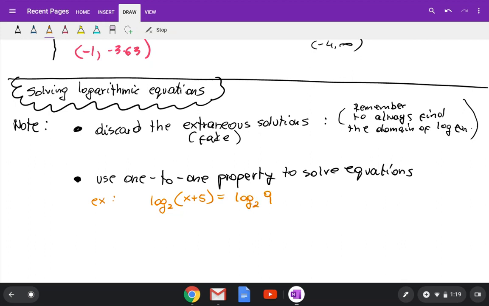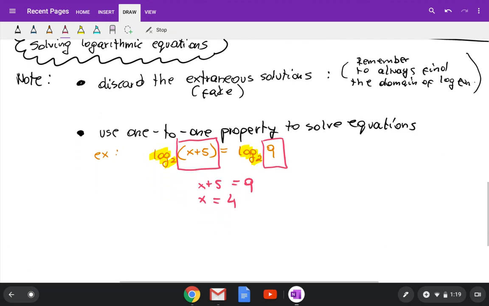Here you can apply the one-to-one property because you have a log on the left side and a log on the right side, and they both have the same base. So we can just ignore them. Since those expressions are equal, you're just going to compare the expressions next to the log. So you will be solving only x plus 5 equals 9, and that will give you x equals 4. So this is the one-to-one property.